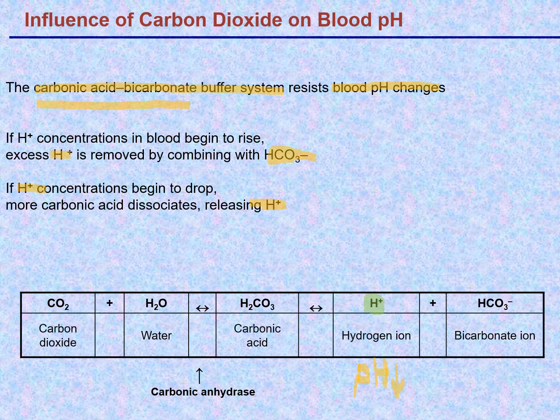So the reaction will have higher concentrations on this side because the CO2 is getting low, and this will drive the reaction this way. Therefore, a person who is hyperventilating, because they're depleting the hydrogen ion concentration in their blood, their pH will in fact rise.